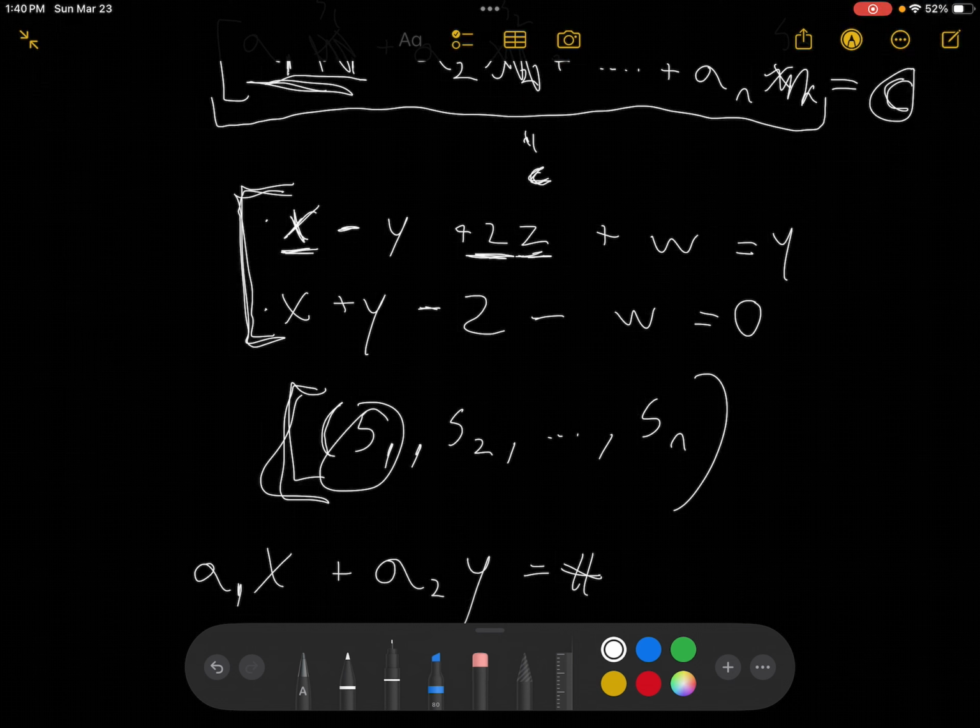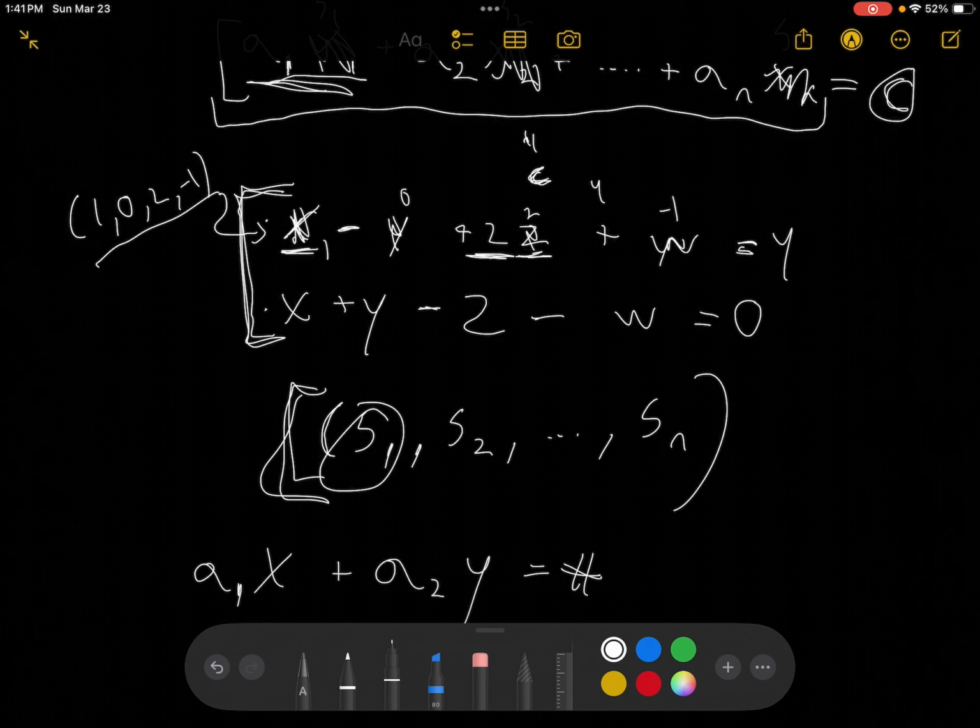So we can see an example of that with this system up here, where we have 1, 0, 2, minus 1 as a solution. And you'll notice that if we sub in 1 for x, 0 for y, 2 for z, and minus 1 for w, we're going to end up with 4 on this side and 4 on this side.